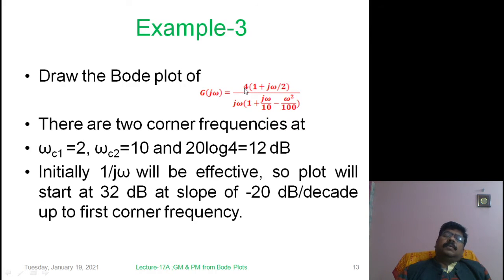Basically 4 is a constant, so its value in decibels is 20 log 4, equal to 12 dB. 1 upon j omega is a simple pole at origin.